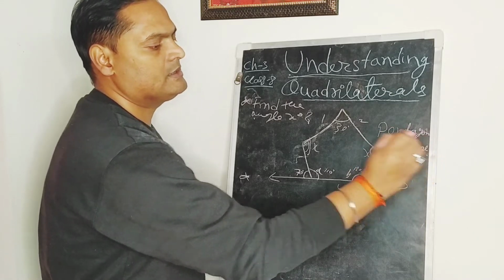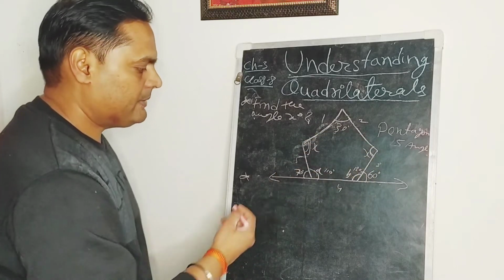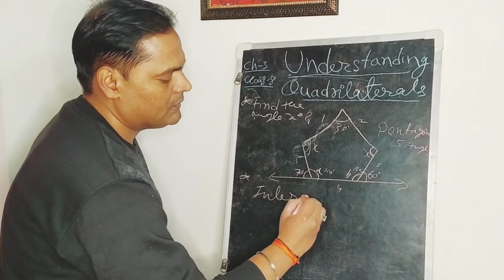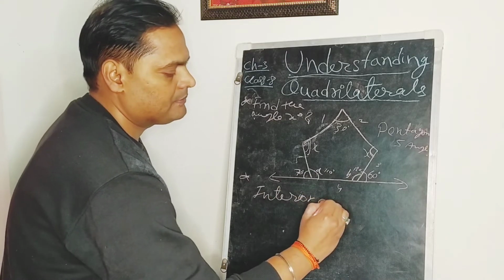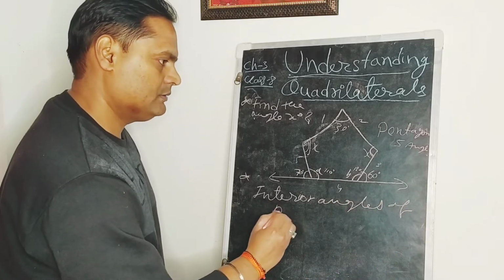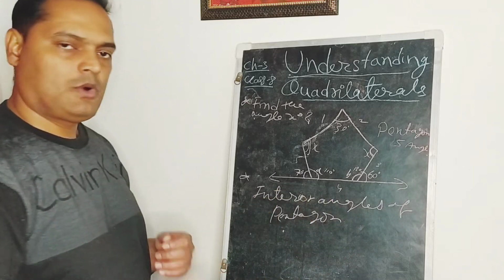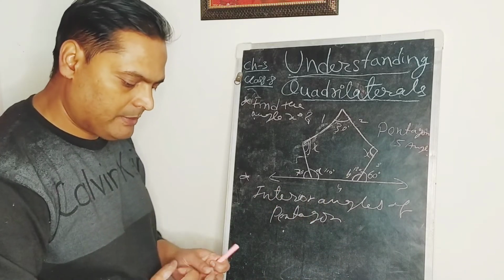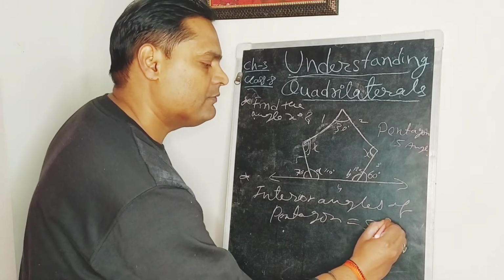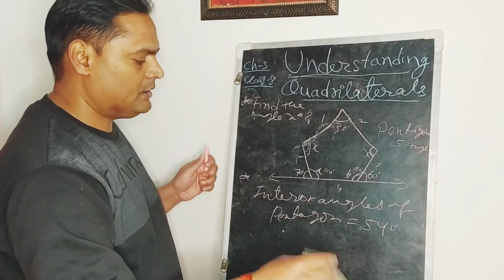If I take the interior angles of a pentagon, the property is that their sum is 540 degrees. This is the total of the pentagon's interior angles.